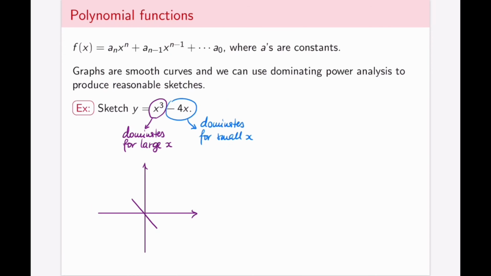Again, notice that I'm not actually drawing any scales on just yet. If I want to produce a more detailed sketch, I will, but for now, very qualitative analysis. For large values of x, my function looks like x cubed. So overall, x cubed looks like this, my snaky shape, but here, that shape will only persist for large values of x.